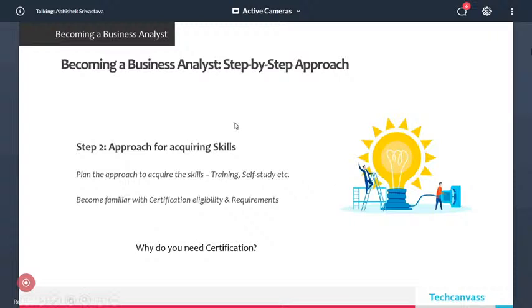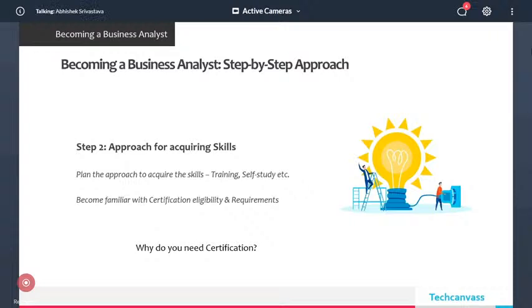One of the things which you need to consider is going for a certificate. Now, why certification? Does it guarantee you a job? Does it ensure some very extraordinary ability to you? Answer is no.